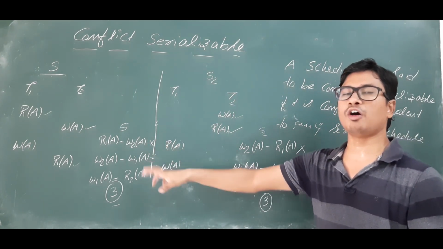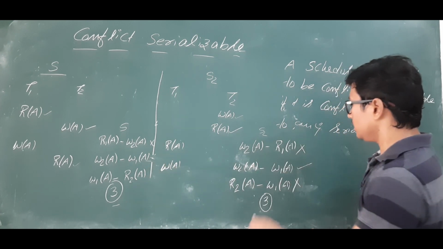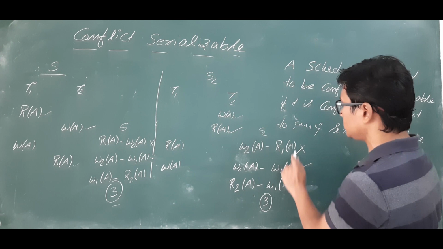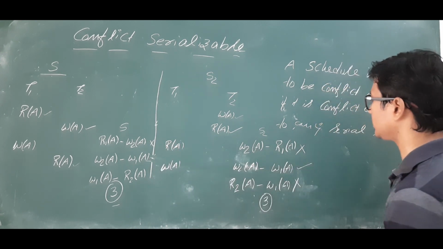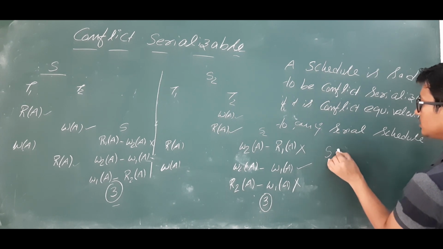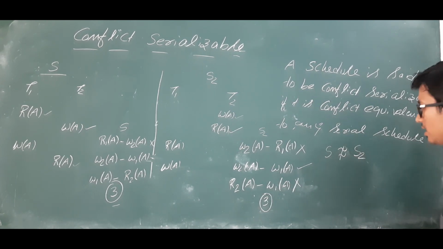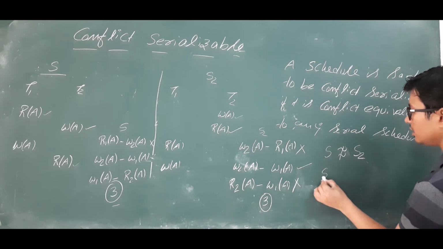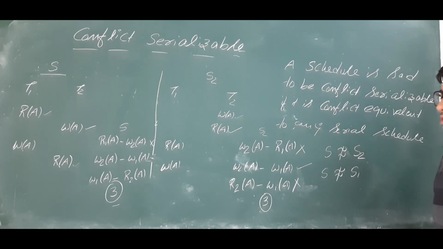The order of all the conflict operations in both schedules should be the same. But these 2 conflict operations have different order. So I can say that S is not conflict equivalent to schedule S2. And earlier we found that schedule S is not conflict equivalent to S1.